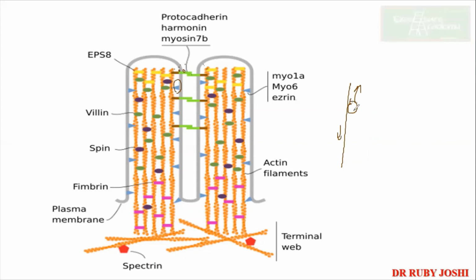If this is moving like this, it is pushing your actin filaments in this direction. Overall, the myosin movement will help in the movement of the actin filaments. Now when this whole bundle of actin filaments moves, what will happen? The microvilli will move, so up and down, to and fro motions will come. So you got a bit of an idea of how all this is happening, how the microvilli are moving.